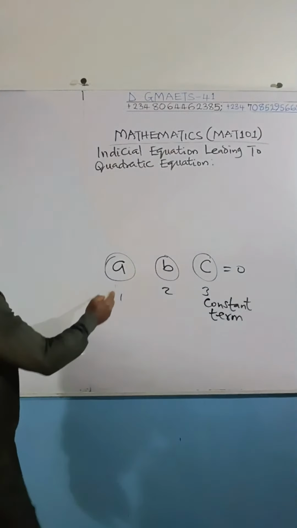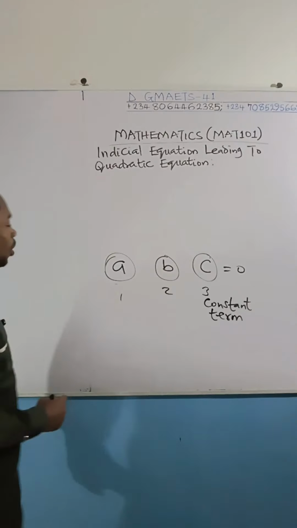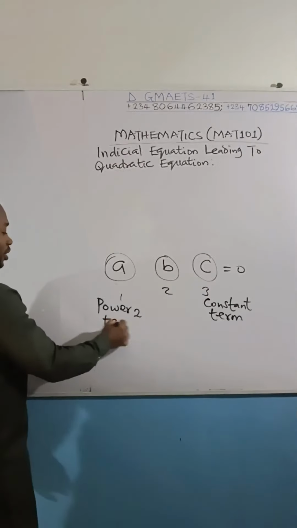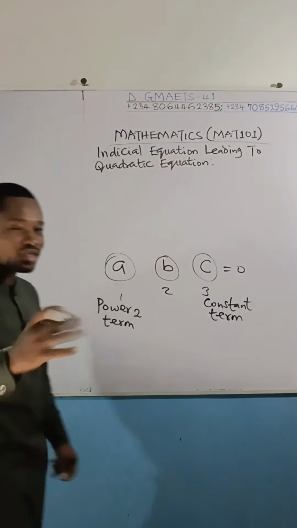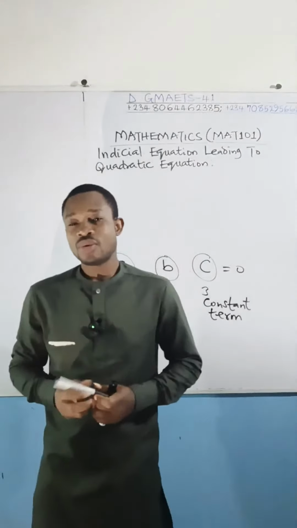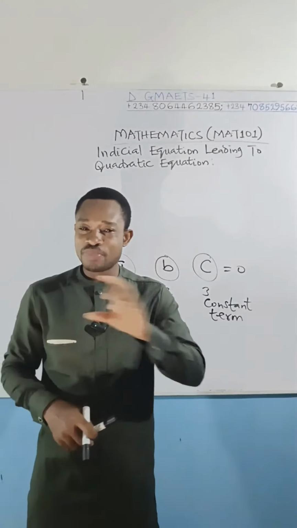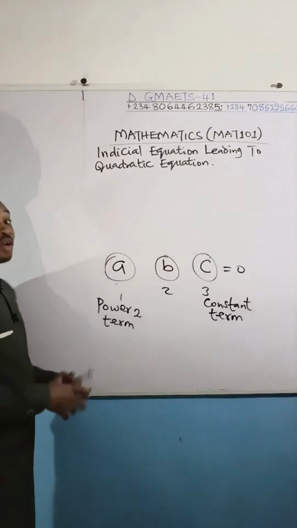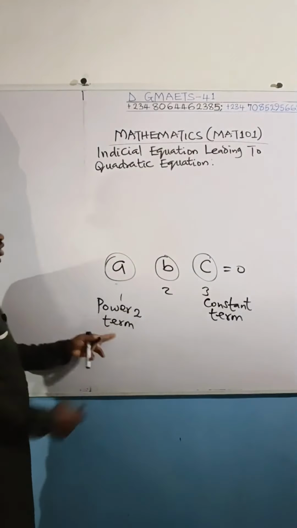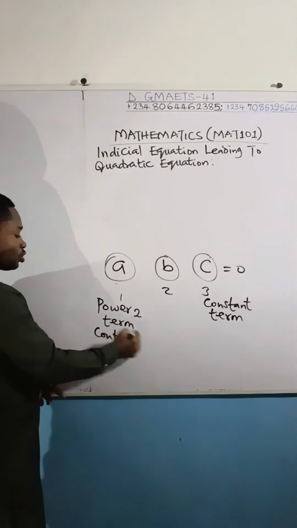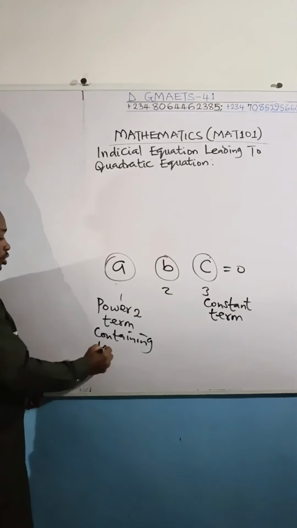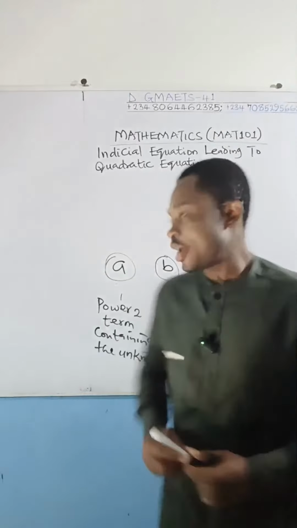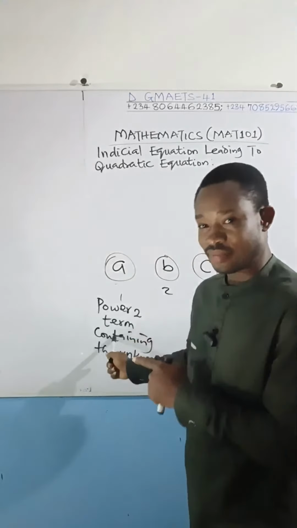Now, in these parts, usually you would have a power 2 term. Here, you will have a base with power 2. Again, this term will contain an unknown also. Power 2 term containing the unknown, which means in this power 2 term, you expect to have the unknown in it.